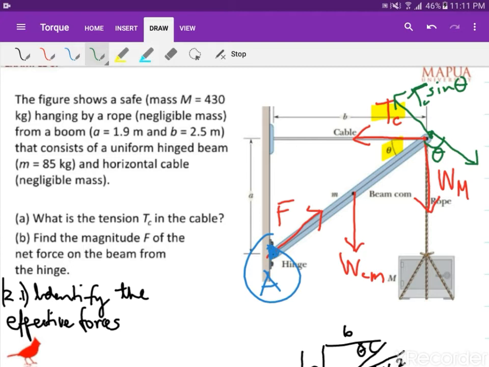So this will be Wm cosine of theta. So what are the other effective forces? We have a perpendicular force here. If this is theta, this is W sub capital M cosine of theta. Okay, so in green, we have our effective forces.